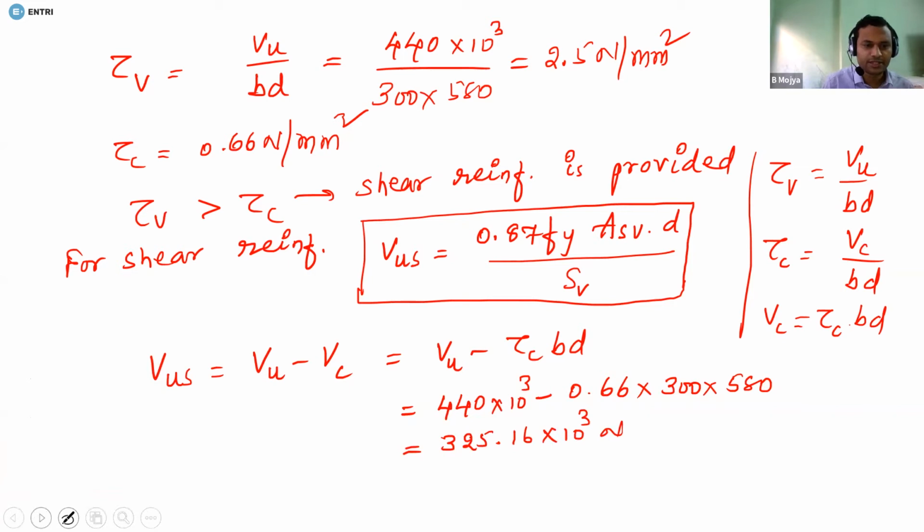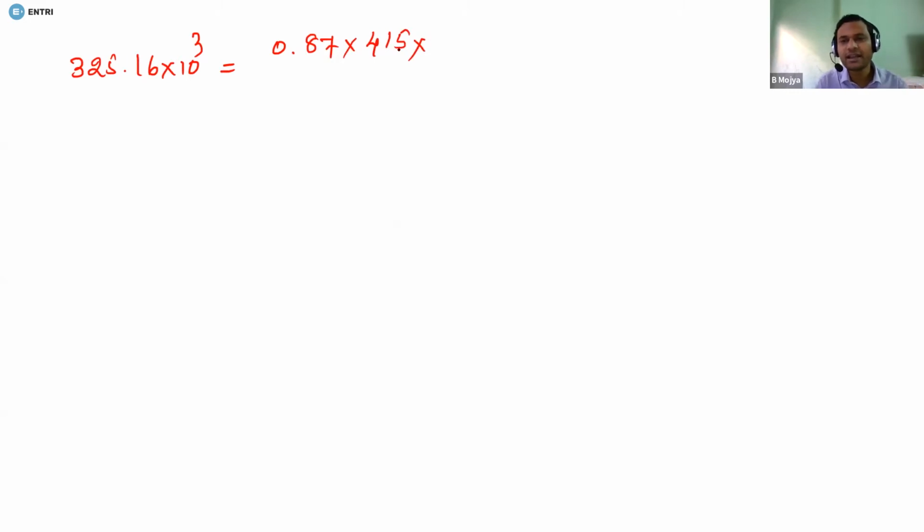So let me change the slide. Yeah. So 325.16 into 10 to the power 3 equals 0.87 into 415 into ASV. ASV is the area of stirrup, right? The stirrup has two legs and the diameter of the stirrup is 10, so 2 into pi by 4 into 10 square, into 580, divided by SV.